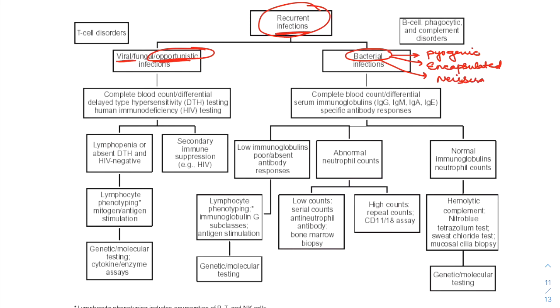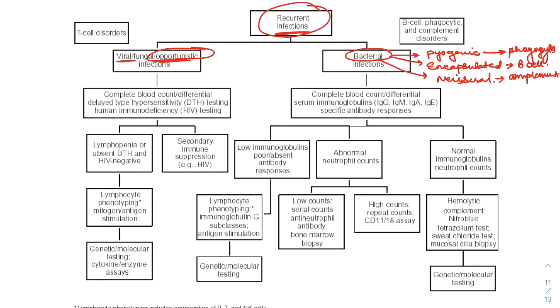Right. Recurrent infections by pyogenic bacteria point towards defects in the phagocytes. Recurrent infections by encapsulated bacteria point towards a B cell defect or a defect in the humoral immunity, while recurrent Neisseria infections point towards complement deficiency.